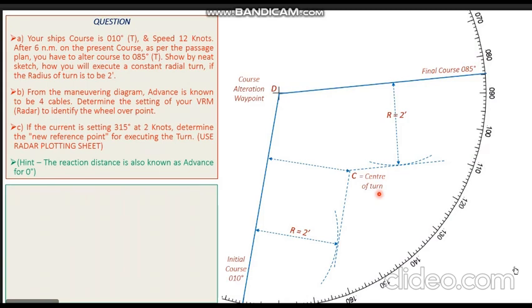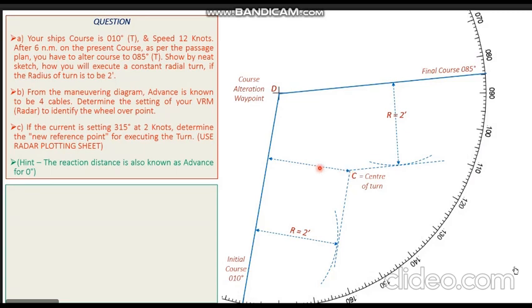So now I take my compass to point C, the center of my turn. Now we are aware that this point C is at a distance of 2 nautical miles from the initial course. You see these are two parallel lines, the initial course as well as the tangential line drawn on the plot.